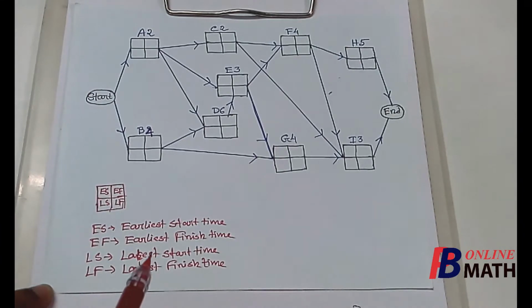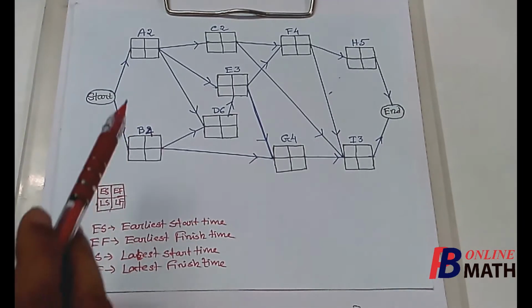Actually, we shall find the earliest time that an activity can be started and also the latest start time of the activity. And similarly, we shall find the earliest time that the activity can be finished and also the latest finish time of the activity.